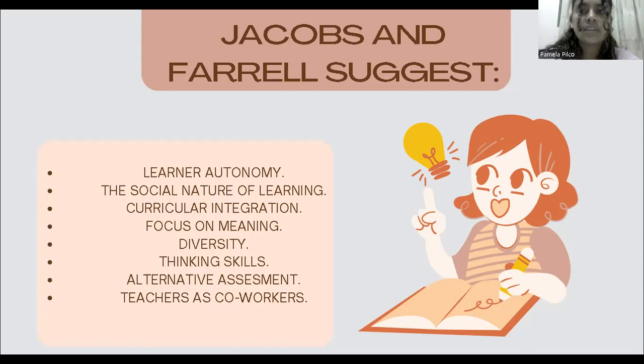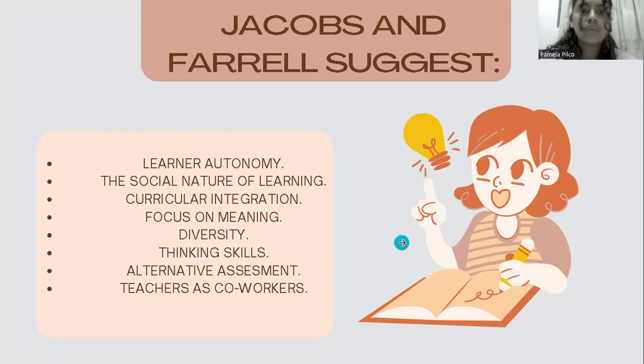So, we have seen that the trends are important because they determine how we can learn or how we can teach. And the most important thing is that we as teachers don't have to try to put our way of thinking or our way of doing things.